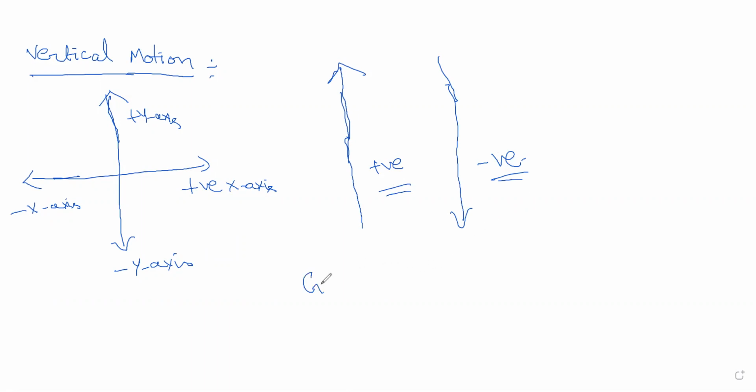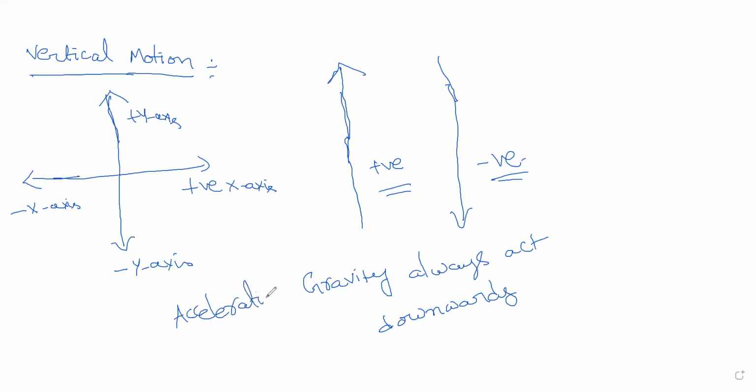Gravity always acts downwards. In fact, acceleration due to gravity always works downwards. So we will give a_y is equal to minus g, meter second power minus 2.